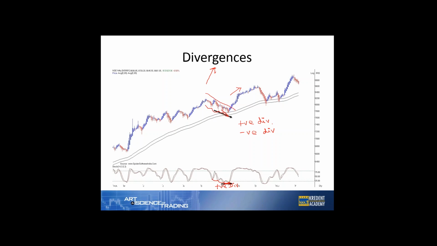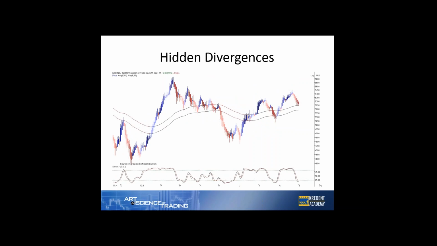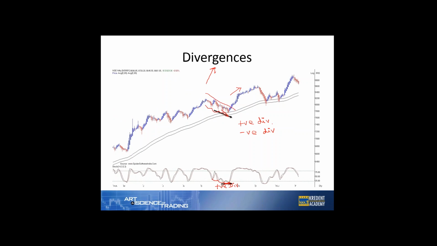A negative divergence, on the other hand, before moving into hidden divergences, would be something where the prices continue to make a higher high, but stochastics don't make a higher high. Let's say we have the prices moving up like this, and the price is making a higher high. Every time price is making a higher high, if you plot the stochastics, it will match it.